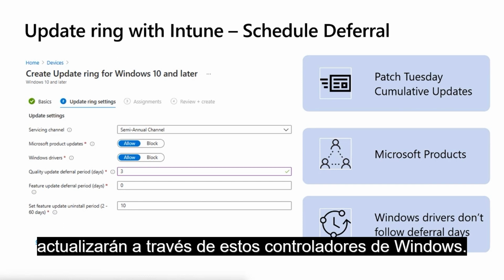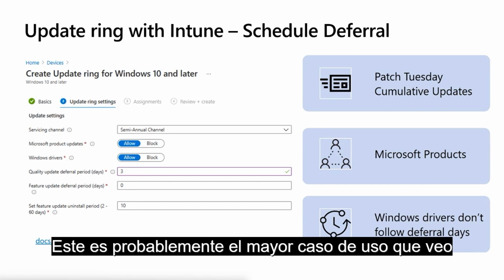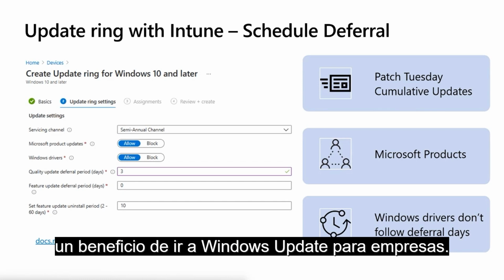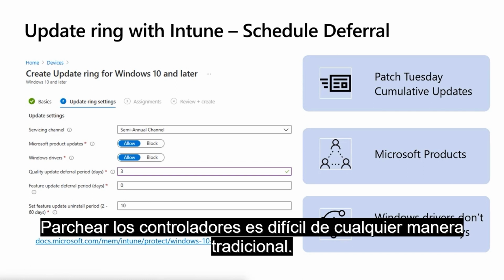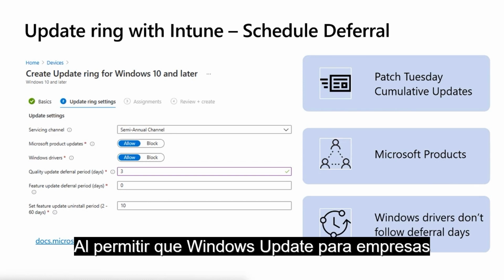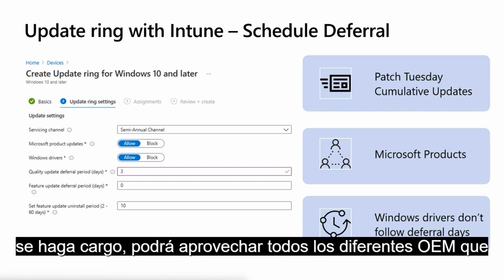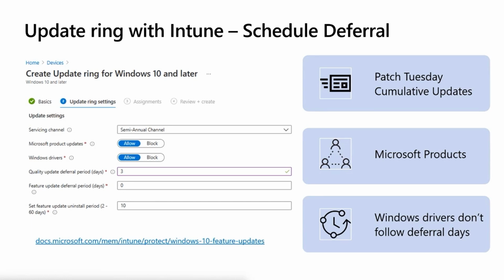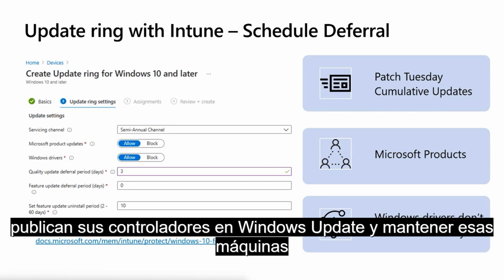Windows drivers. This is probably the biggest use case I see a benefit of going to Windows Update for Business. Patching drivers is difficult in any sort of traditional manner. By letting Windows Update for Business take over, you'll be able to leverage all of the different OEMs that are publishing their drivers to Windows Update and keep those machines current.